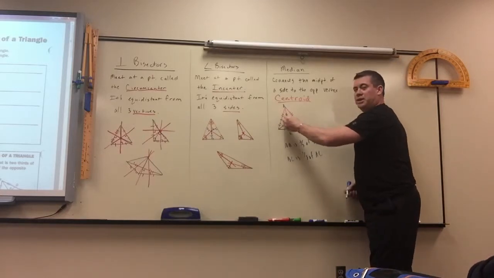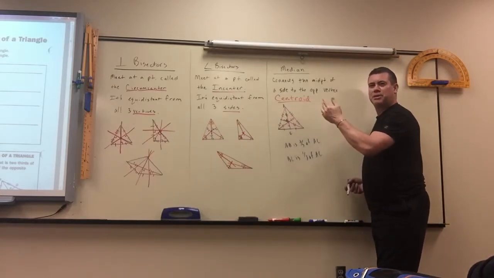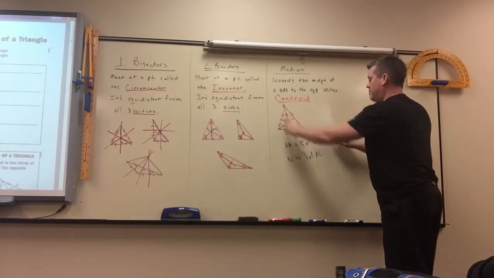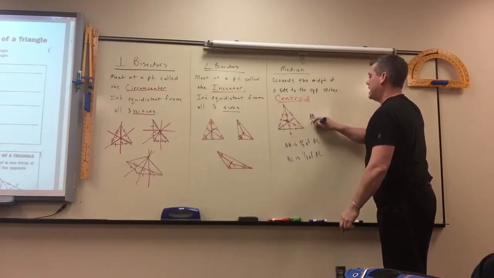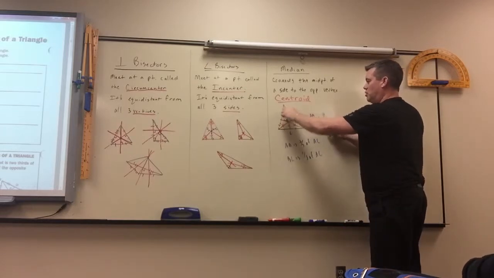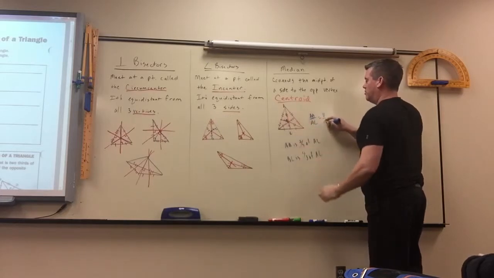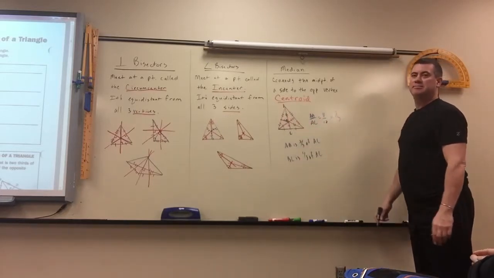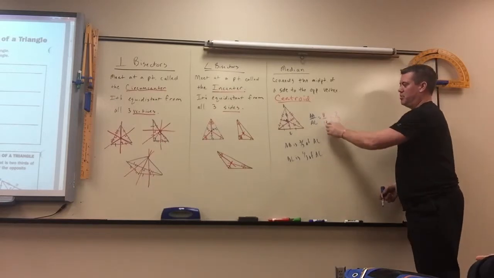Because if you did this as a fraction, which there's 2 problems like this on your assignment today, the ratio of AB to AC is 8 to 12, which reduces to 2/3. Divide that by 4 and that by 4.